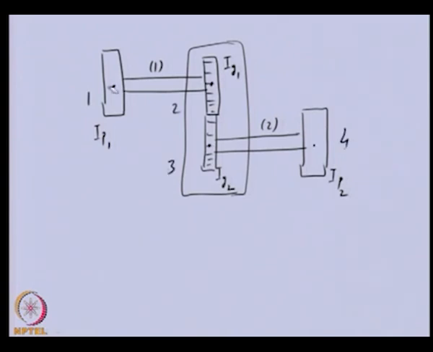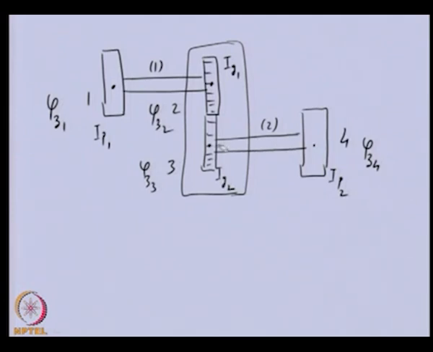At each node we need to assign one angular displacement, and there are 4 angular displacements, but out of these 4, 2 are related by the gear ratio. So, we will eliminate the angular displacement at node 3 by replacing it with the angular displacement at node 2, and that will give us the elemental equation.